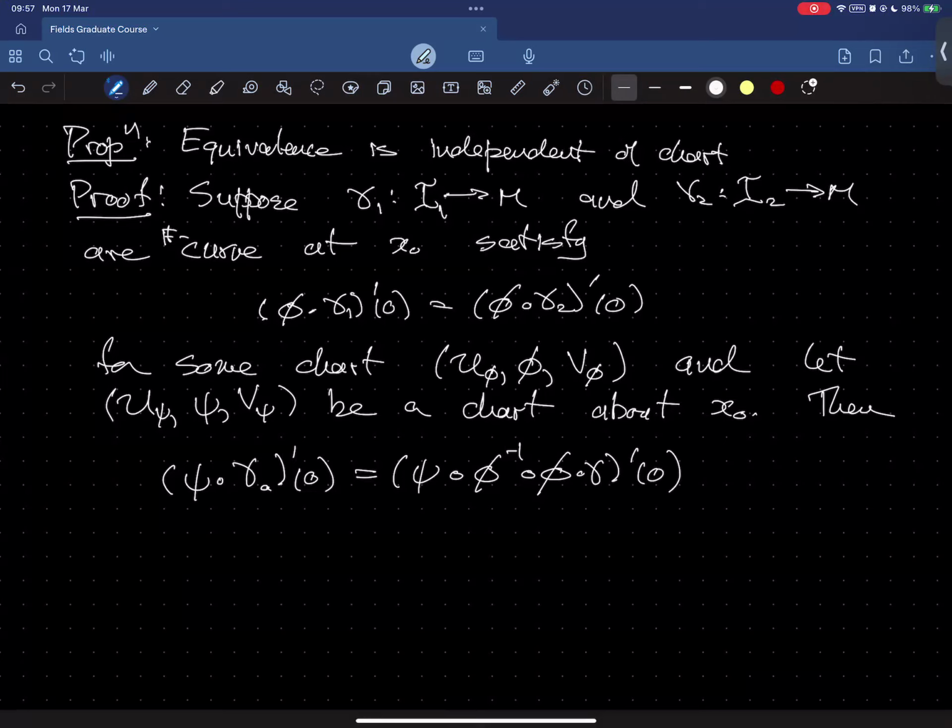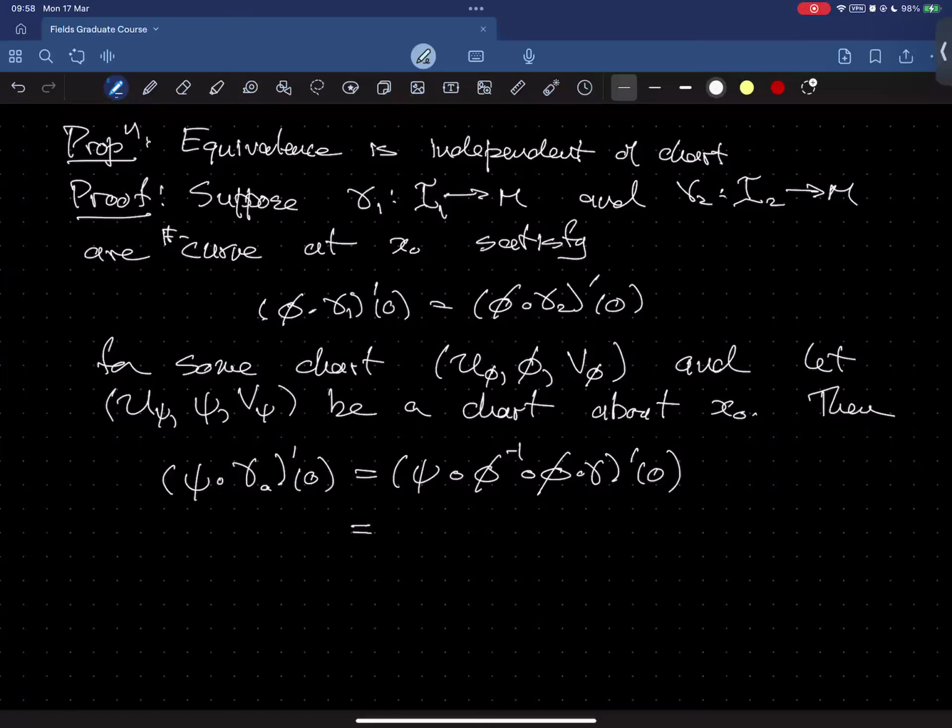Then it's just a question of using the chain rule. The composition I'm going to use here is that this is a composition of that with that.